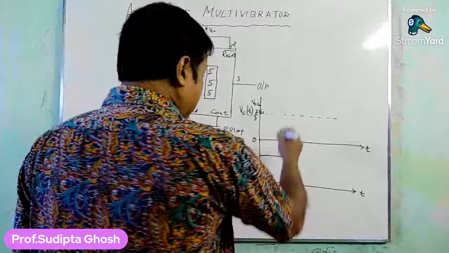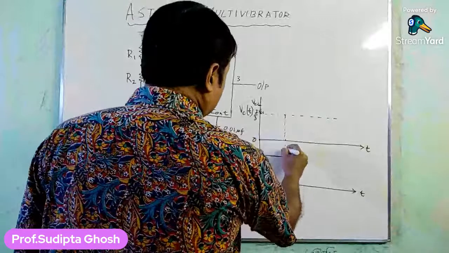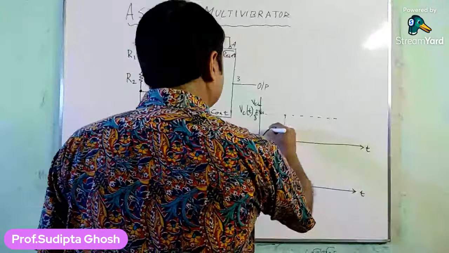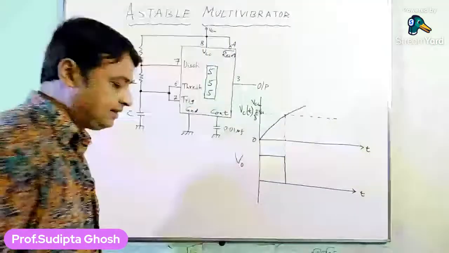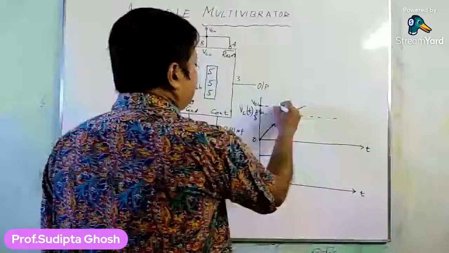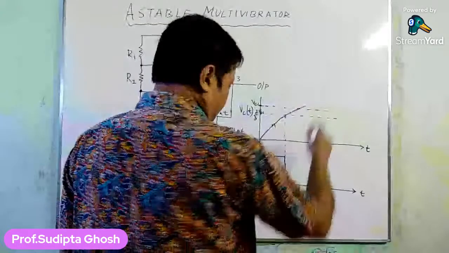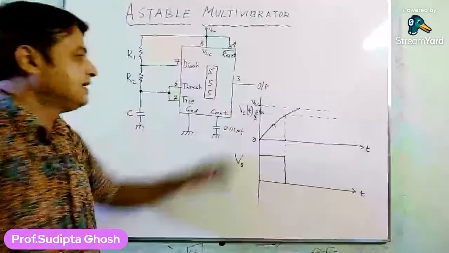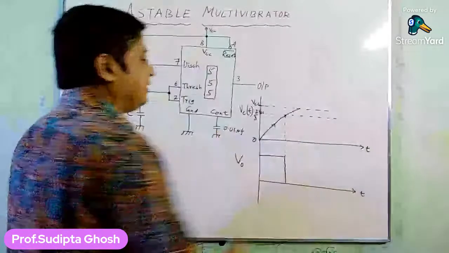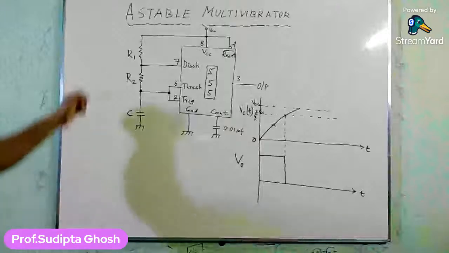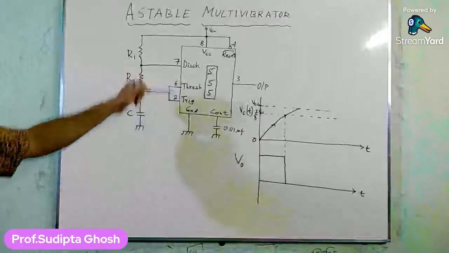As the output goes high, the capacitor starts to charge, and this charging will go up toward VCC. But at this particular point, when the capacitor reaches the value of 2/3 VCC, what will happen, as this capacitor is connected to the threshold pin?